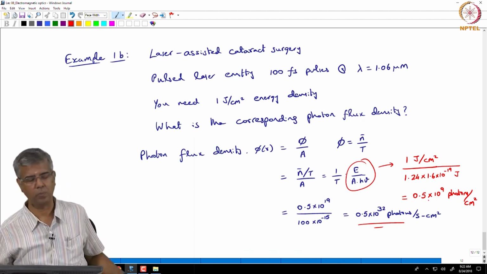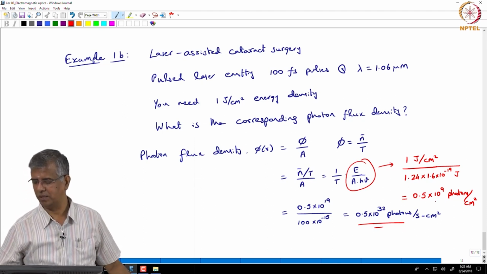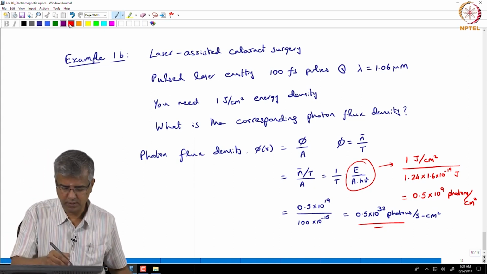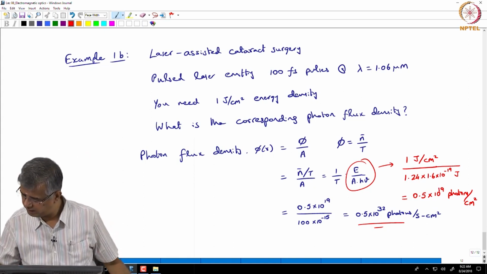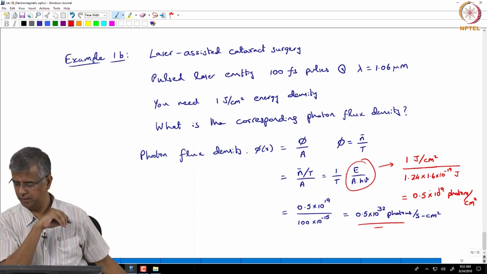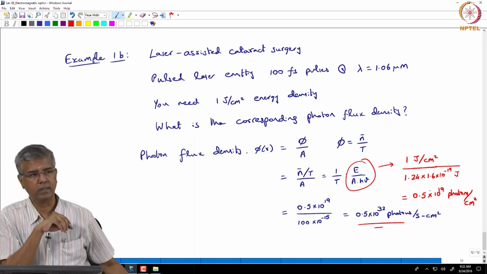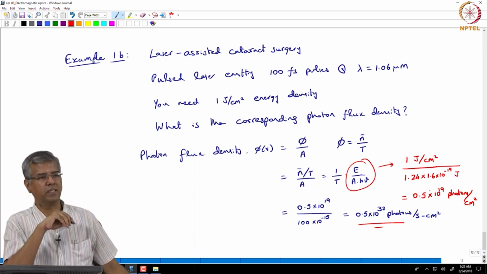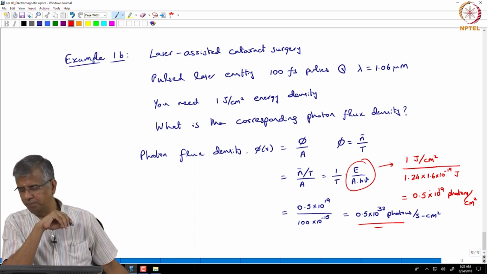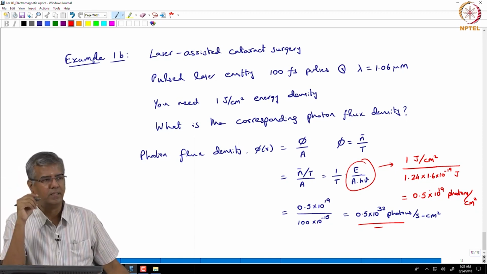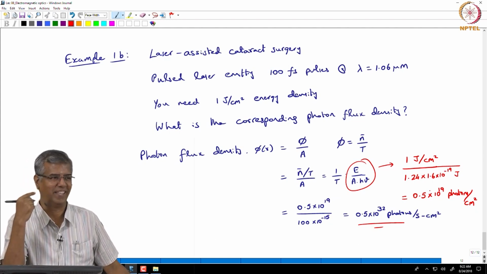How many photons are you packing? Something of the order of 10 power 19 photons per centimeter square, but you're not making a hole over a centimeter square area, right.